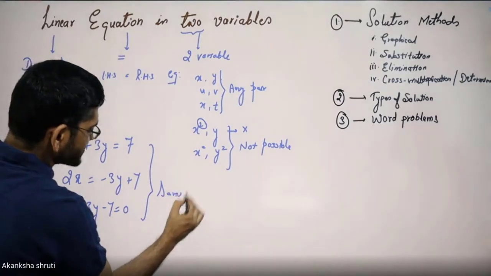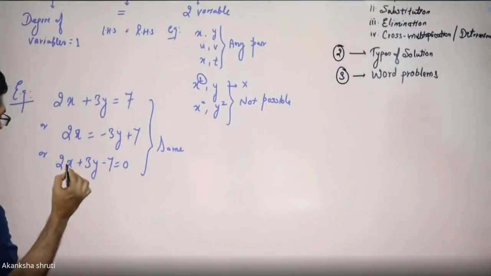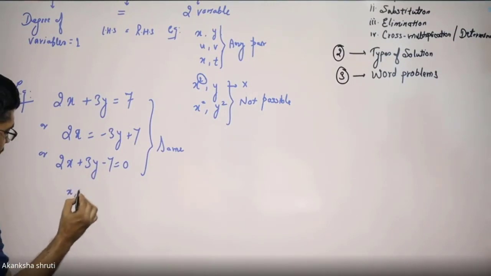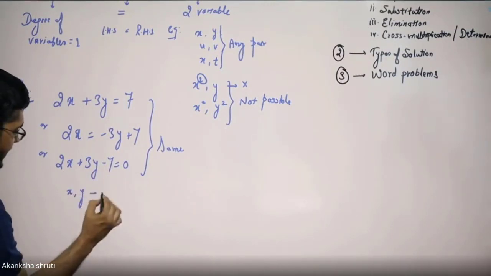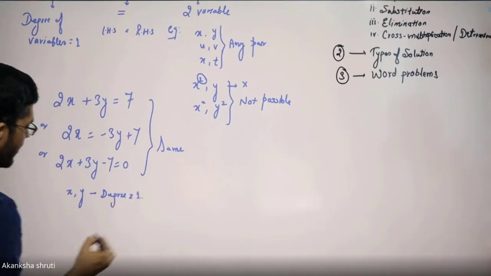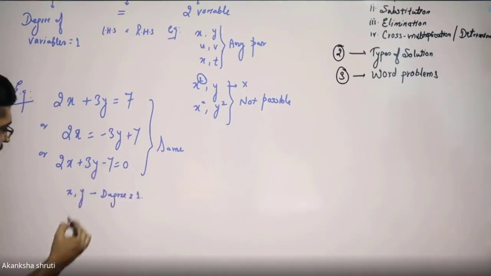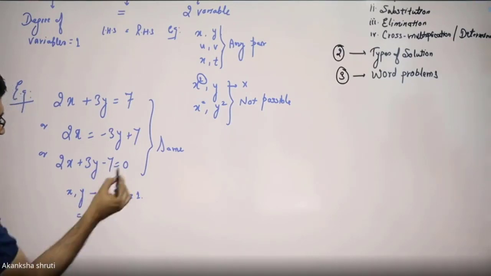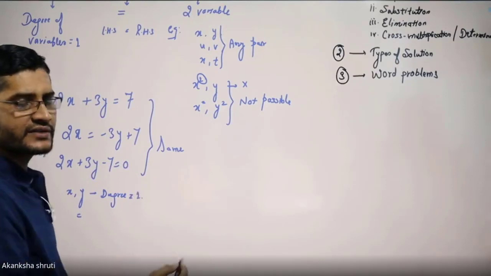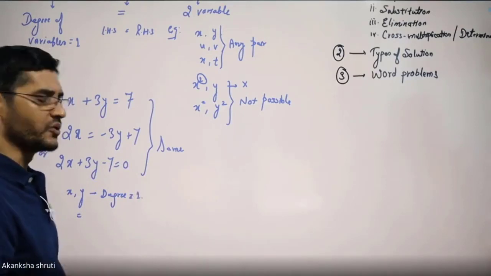Here, observe the degree of each of the variables x and y. Their degree is 1 only. Also there is an equal sign, something in left, something in right. If nothing is in left or right, that has to be equated to 0.